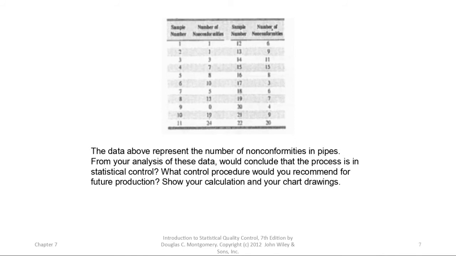If it is plus, then it is upper control. If it is lower control, then we use the minus of 3. The center line, the CL, is the C bar itself. How do we do that in Minitab? So let's share the screen and see how that will be done in Minitab.